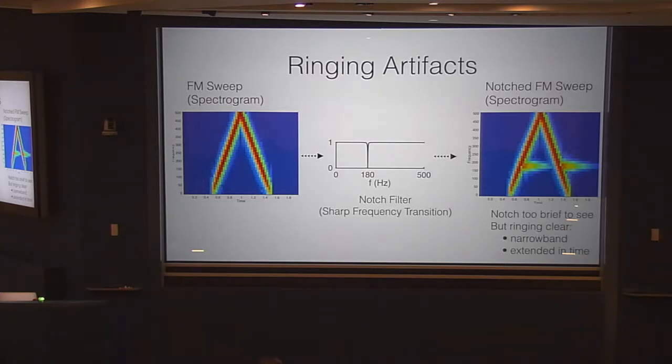So if you already have 180 hertz line noise or 60 hertz line noise, then you're not going to get ringing. You're just going to keep on getting those things that are there. So notch filters in practice will not give you ringing for the kinds of signals we care about. But if you put in a signal that really did not have 180 hertz and then it had it and then it didn't, then you would get the ringing, and it's unavoidable because you need the notch filter.